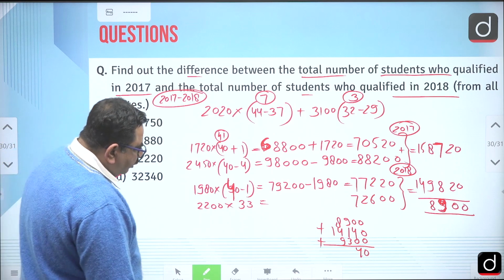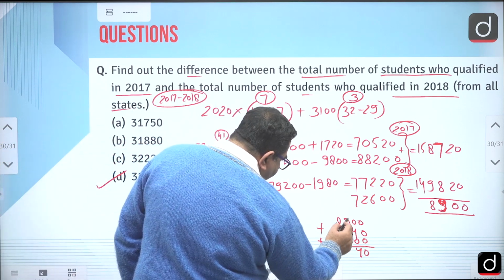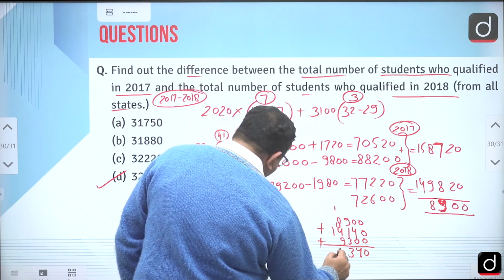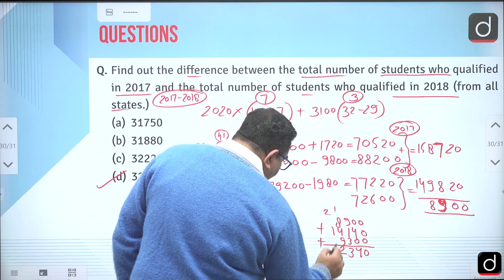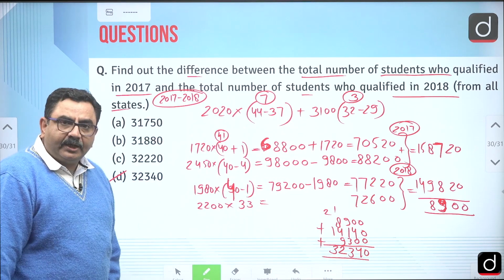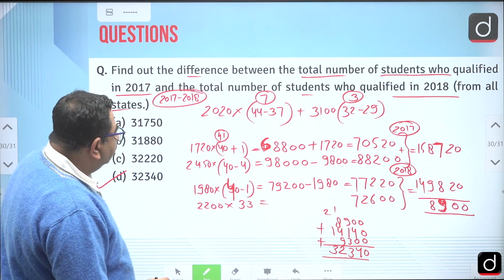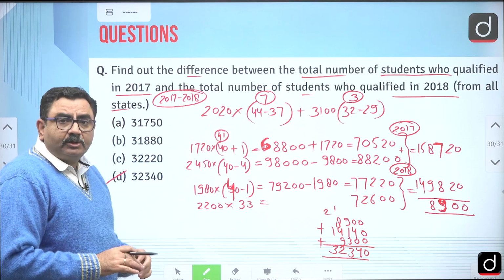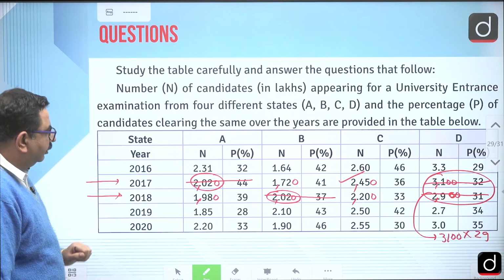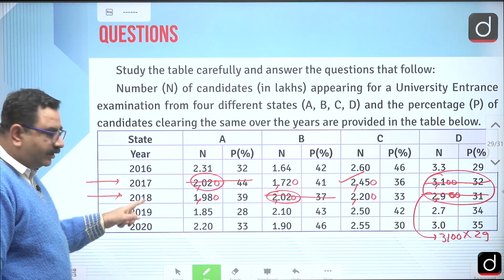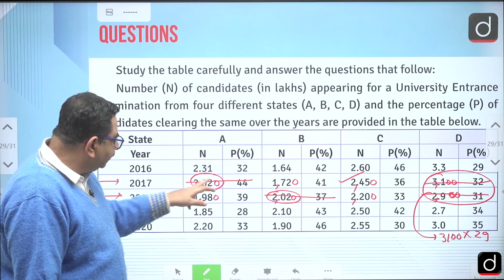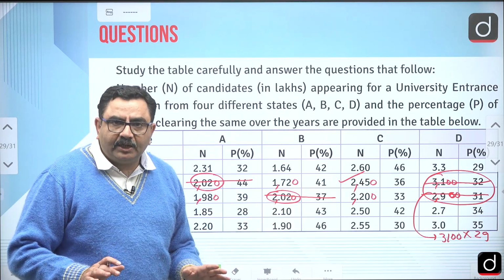Further, if you want, we can add, this is 9 plus 1 is 10, 3 is 13, 1, 8, 9, 9 is 18, and 4 is 22, 2 plus 1 is 3, so that is 32,340, right? So in this question also, you should observe what I have done, right? See, I have to find the difference between number of candidates who passed in 17 and 18. So I have observed first of all, can there be some data for which I need not do any calculations?